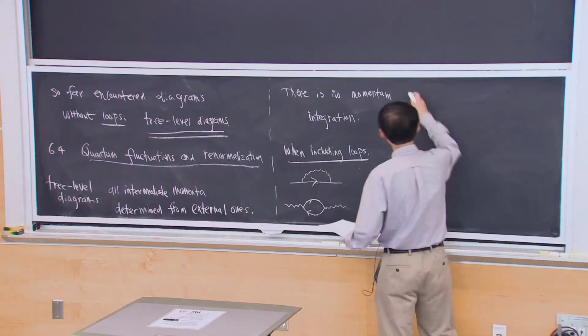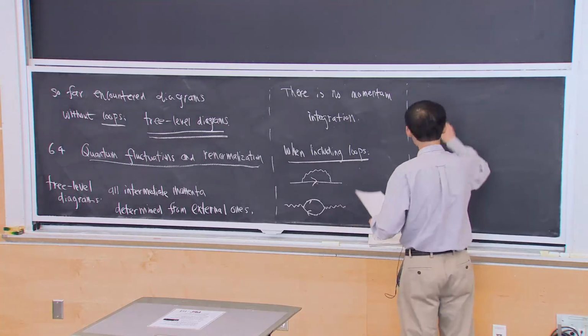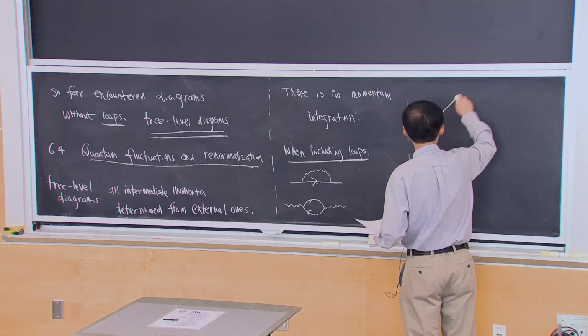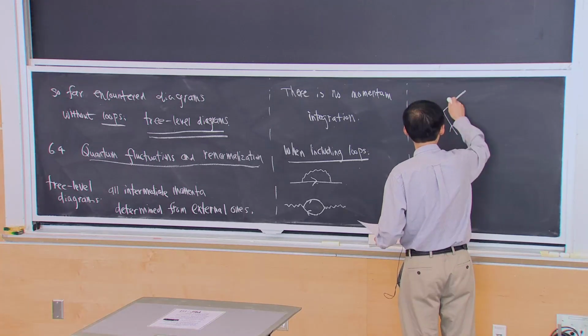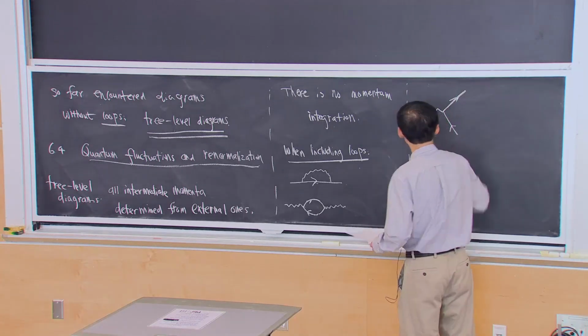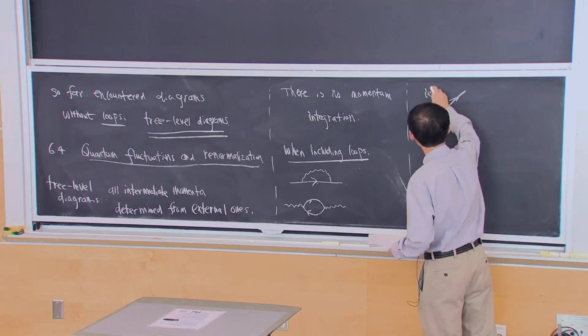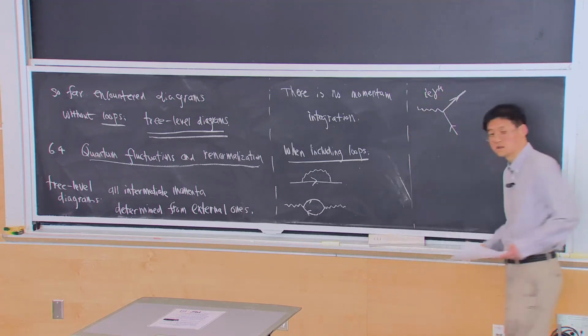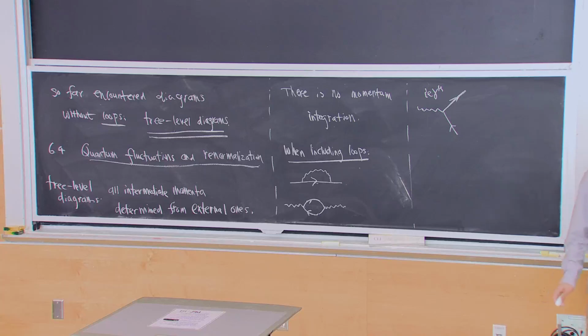The third simple process is this one. You remember we have the electron and photon interacting vertex, i e gamma mu. This vertex can also be corrected.